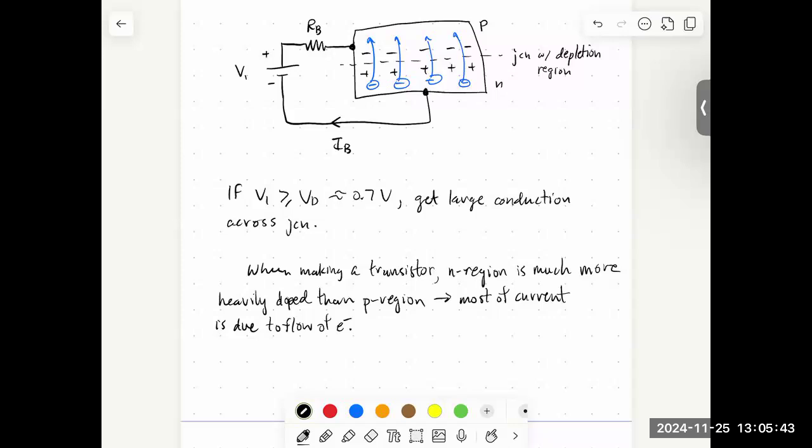To make our transistor, we're going to create a second PN junction.